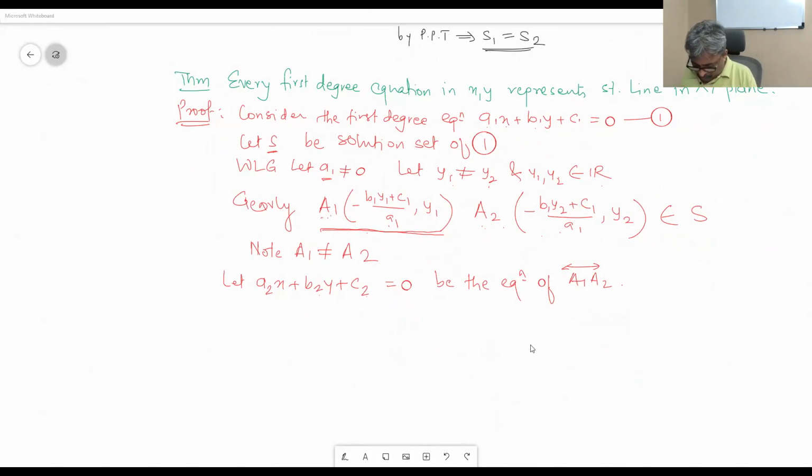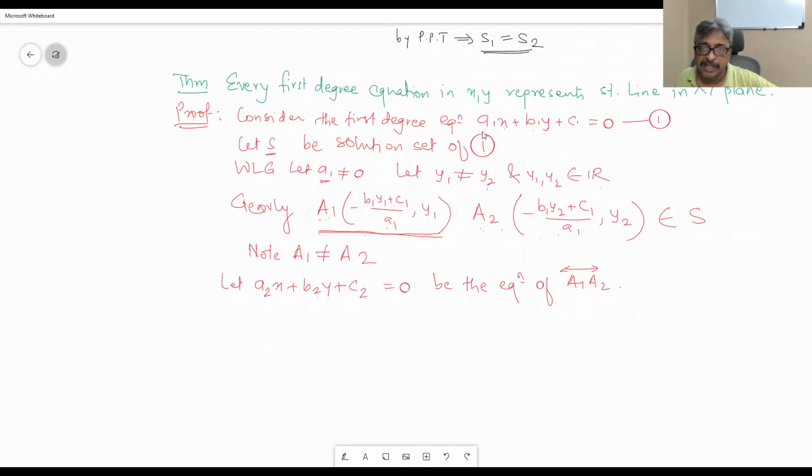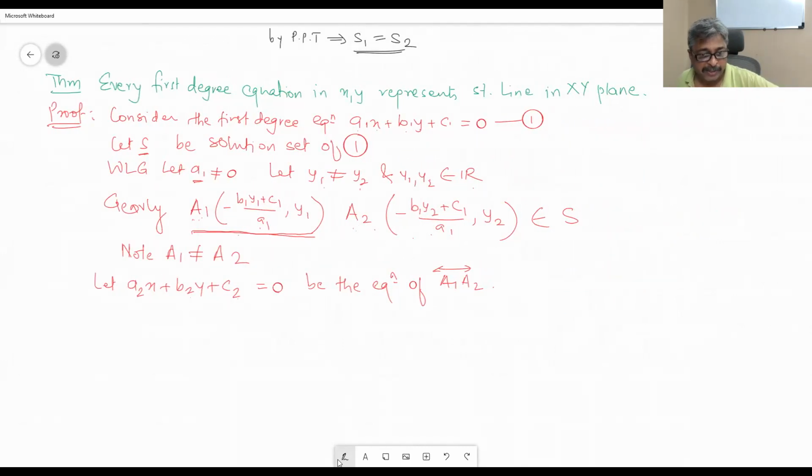Okay. So now what has happened? We have got 2 distinct points out of this linear equation in x and y, not knowing whether this is a straight line or not. It has this solution set. We got 2 distinct points.